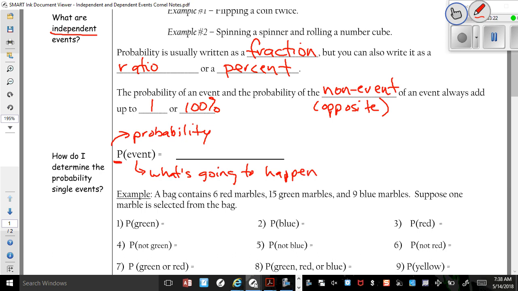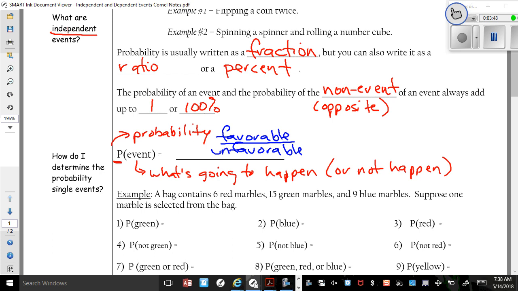A lot of times you're going to see it written as favorable over unfavorable, not favorable, not happening over not happening.